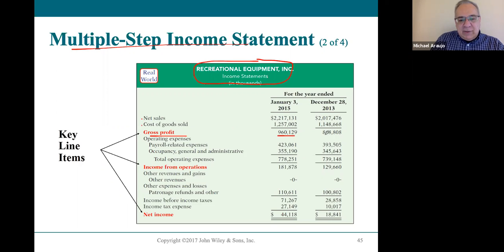So this is the very first line that's different on a multi-step income statement that tells us, again, what the revenue is, what they collected from customers to sell their products. Cost of goods sold is what the products cost them to sell it to the customer, right? And the difference is the gross profit. From that gross profit, all of the expenses have to be taken away.